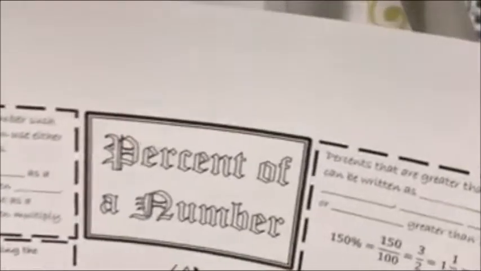Okay, so you have page 28, page 29. Now we're going on to page 30. On page 30, you're gluing the one that says percent of a number. It's got this triangle, okay? That goes on page 30.